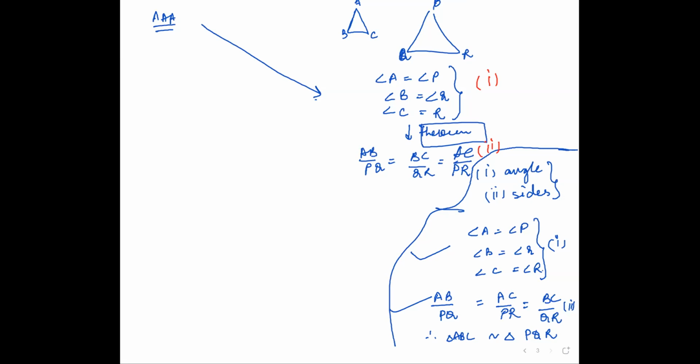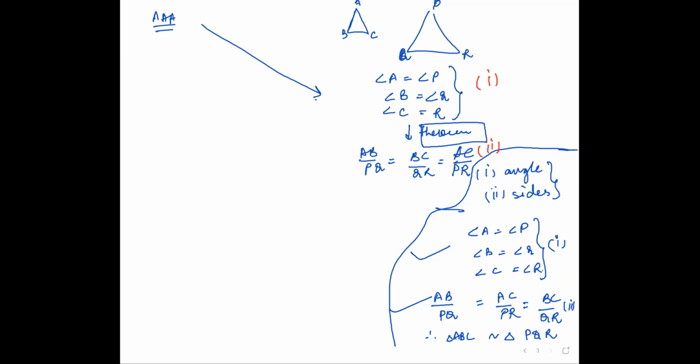Page number 131, I think. So see the theorem. If in two triangles, corresponding angles are equal, then their corresponding sides are in the same proportion and hence the two triangles are similar. Clear?